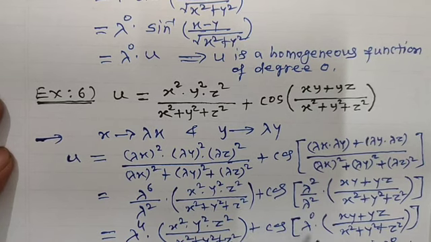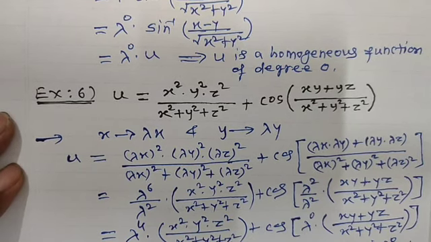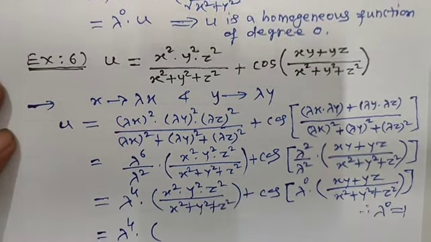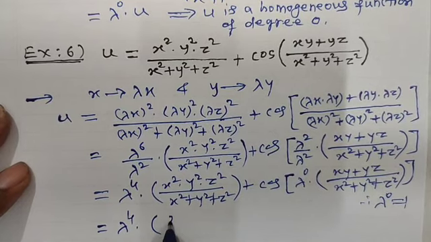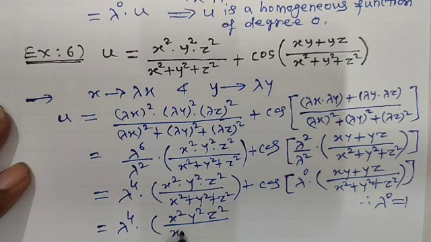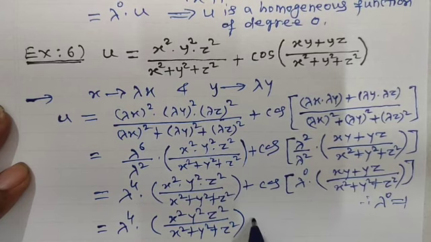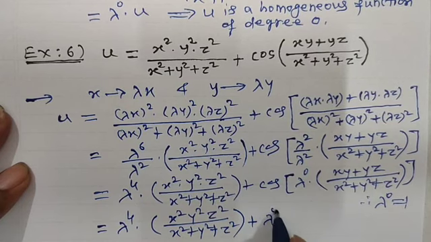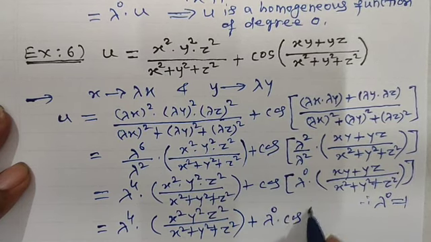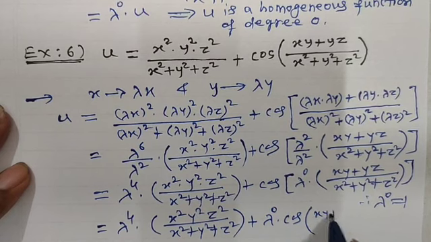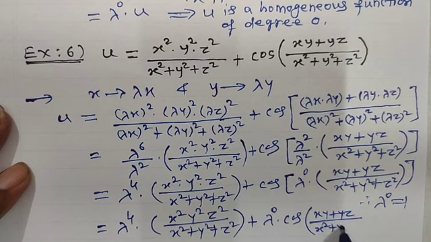You can replace lambda to the power 0 by 1, and this 1 you can put here also. This can be written as lambda to the power 4 into x square y square z square divided by x square plus y square plus z square, plus lambda to the power 0 into cosine function of (xy plus yz) divided by x square plus y square plus z square.